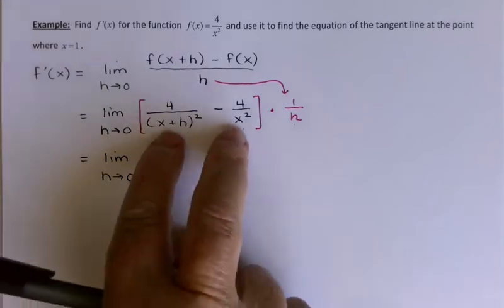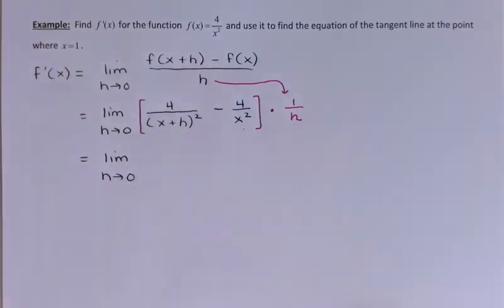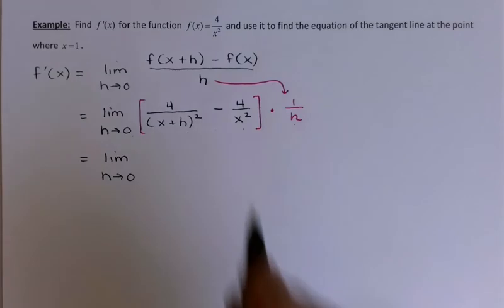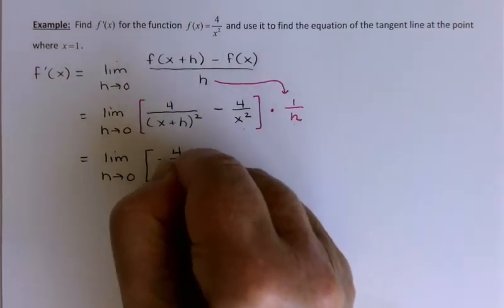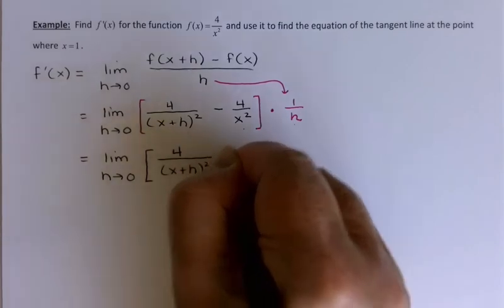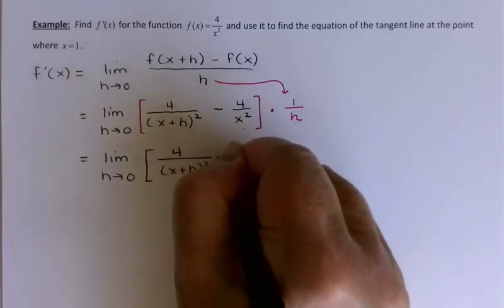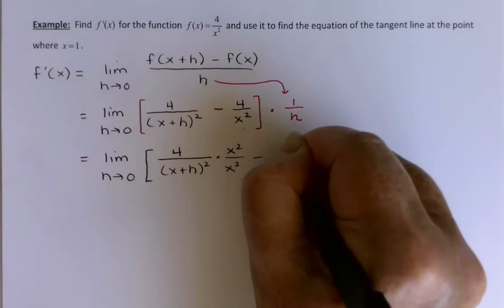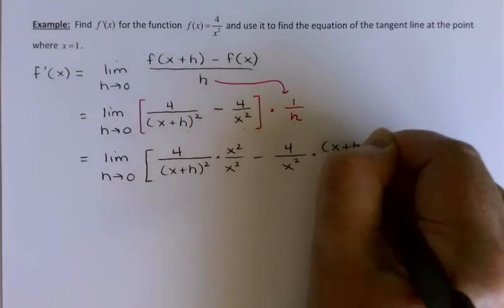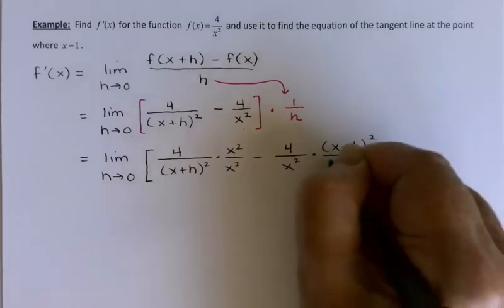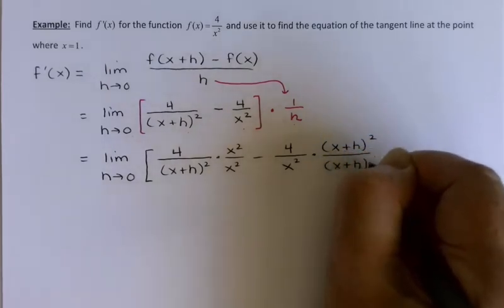The LCD, of course, is just going to be the product of these. So I'm going to go ahead and multiply this first one by x squared over x squared. And I'll multiply the second one by x plus h squared over x plus h squared.